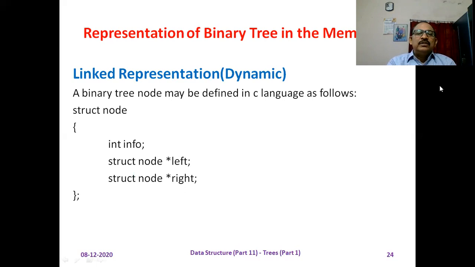Struct node: first is the info, meaning the information. Next is struct node, a pointer type variable, star left. Right is again a pointer variable, struct node star right. So this way we can represent a node of a binary tree in a linked representation.